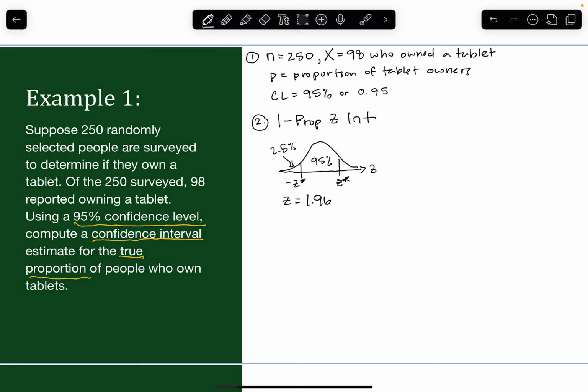We also need our sample proportion P prime and our sample proportion for failures Q prime. So I know that P prime is equal to x over n, which is 98 over 250. And I know that Q prime is 1 minus P prime.